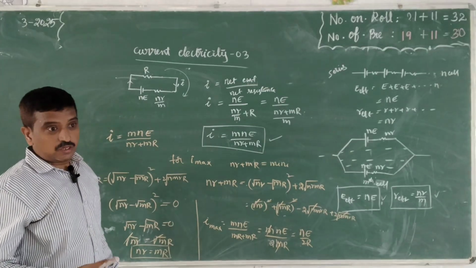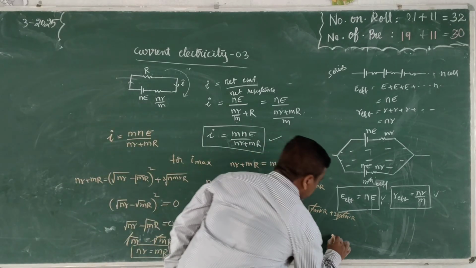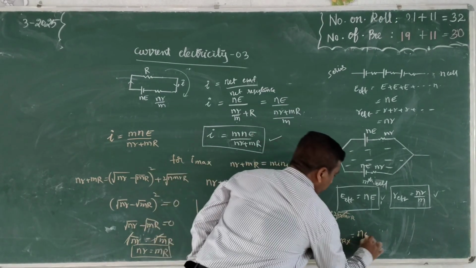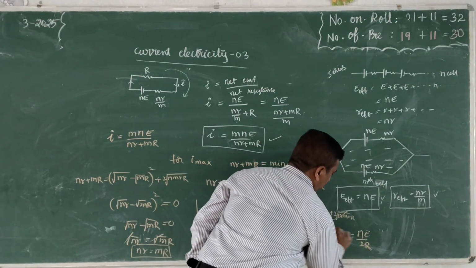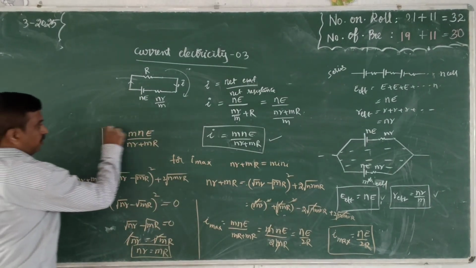When m rows, n cells are connected in series and connected to an external resistance, in that case I maximum equal to n e by 2 capital R. It is the formula for I maximum.